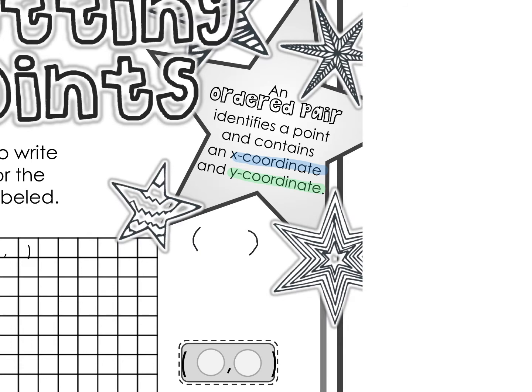The first number is always x. It's the number that represents the x-coordinate. And then the second number is always the y, the y-coordinate. And they're separated by a comma. And this is how we write ordered pairs. Please write this down.